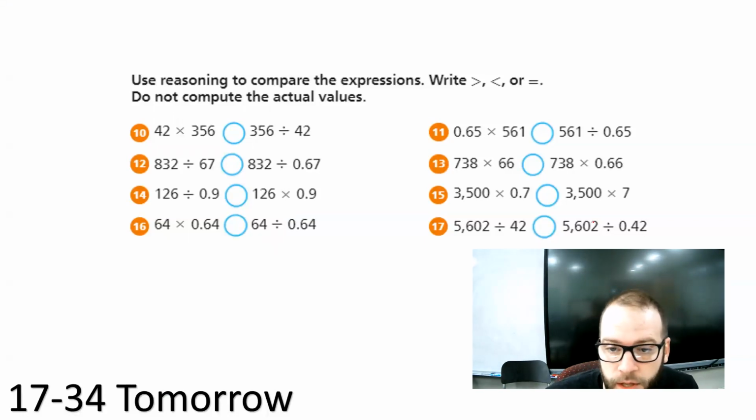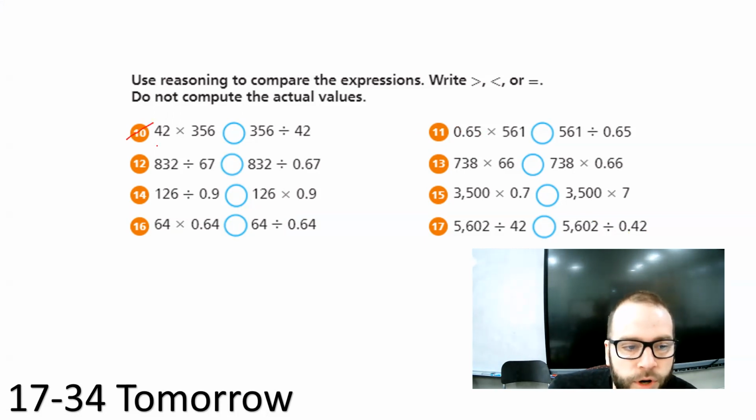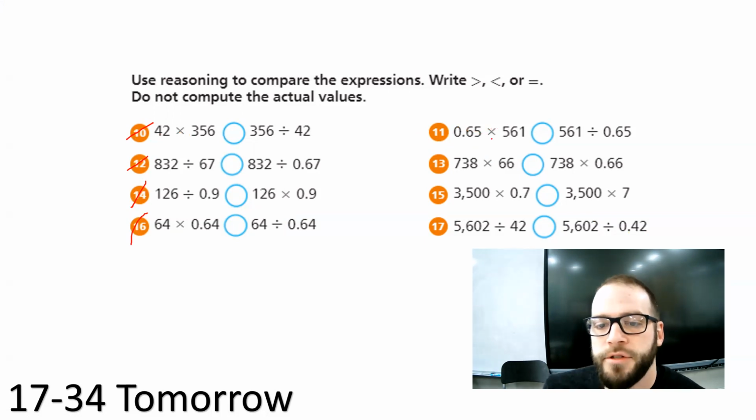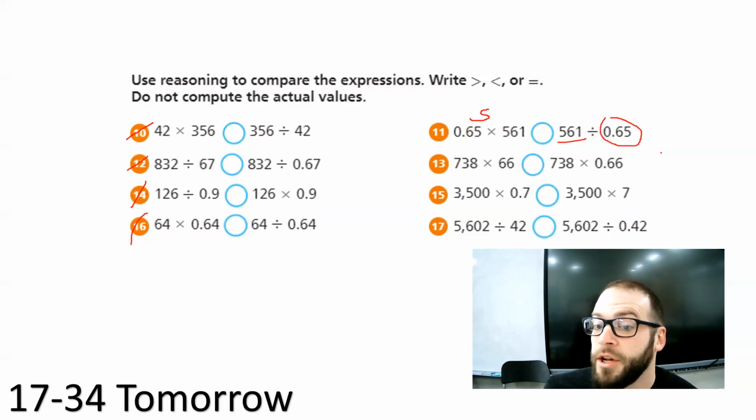Good job. All right. Here, we're just going to do the odds, right? Right now we're doing the odds. We'll do the evens later if we have time. So we're just doing these over here. You have a fraction, because remember, decimals are fractions, multiplied by a whole number, so this answer is going to get smaller. You have a whole number divided by a decimal, meaning, remember, the second number you say is what it takes to be a group.